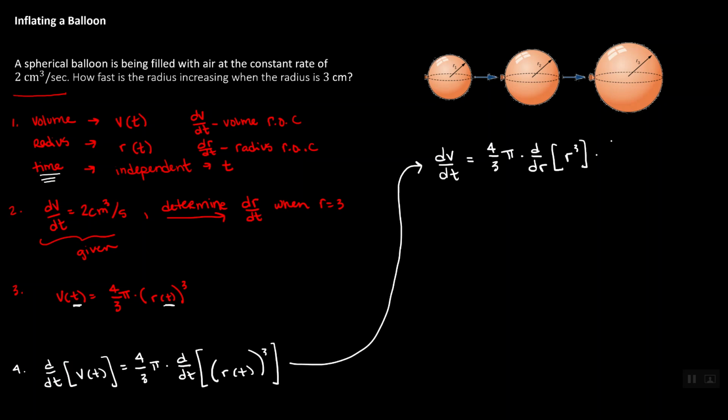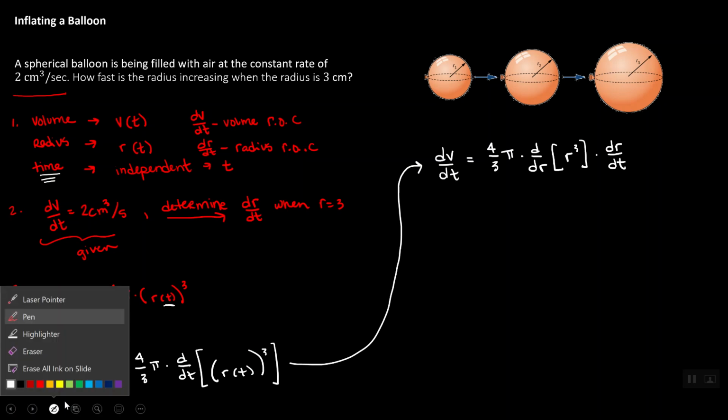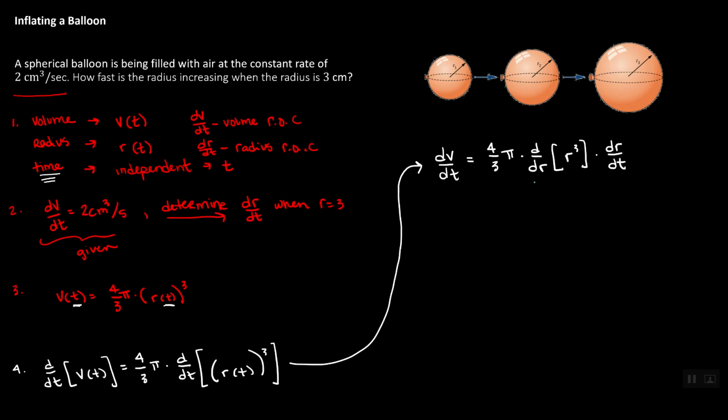And then after that, we'll multiply by the derivative of radius with respect to time. So this is the chain rule part that is mentioned in step 4. If we didn't do the chain rule here, we would not find that dr/dt value.